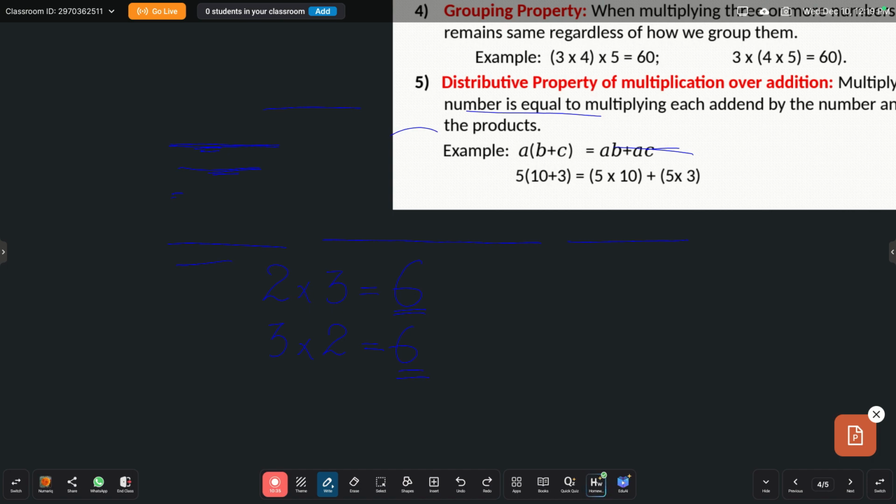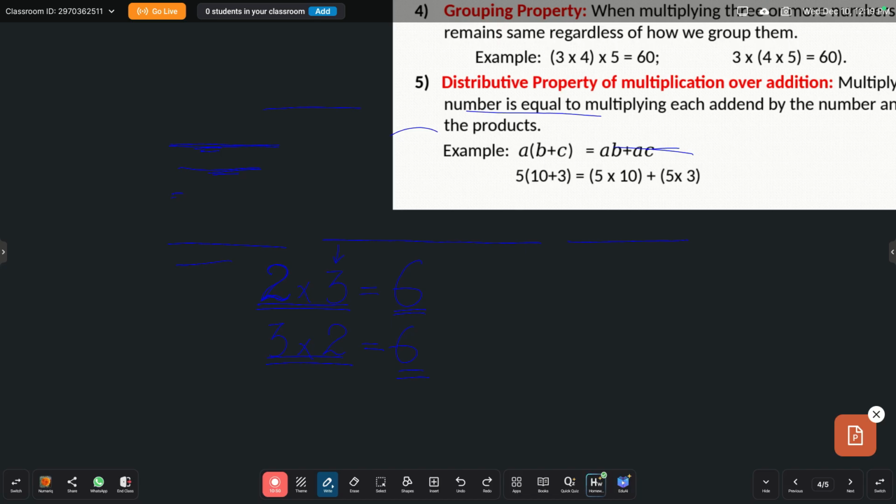The answer in both cases is the same. So what is the change here? Here 2 has been written in the beginning, and my second number is 3. The order of these two numbers has been changed.